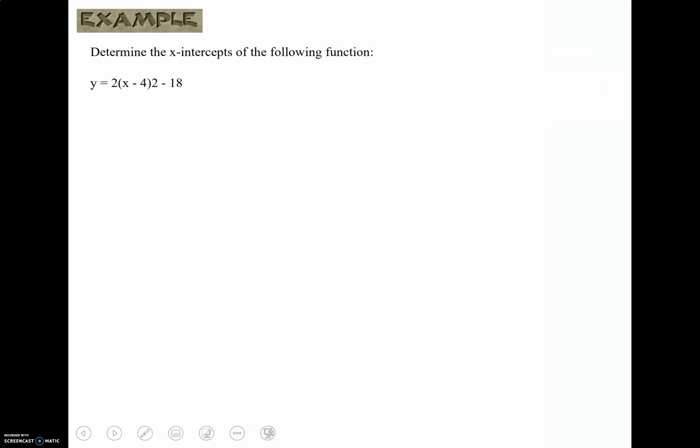So here, let's put this into practice. Determine the x-intercepts of the following. So set y to equal 0. Okay, I need to isolate those brackets. So I have to move over this 18 by adding 18, so this can cancel out from the right side.